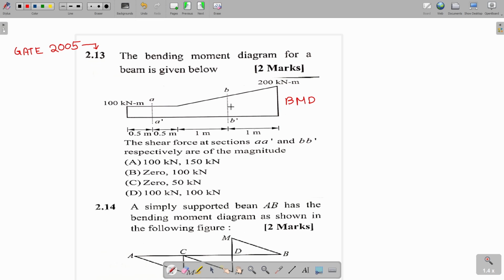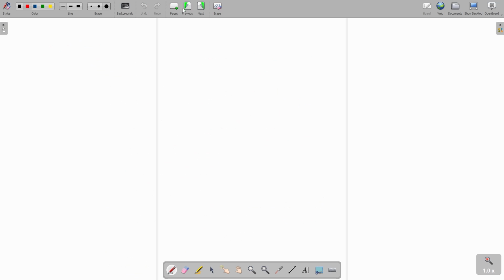Now, we need to remember certain few short tricks, or should I say certain derivative formulas, which will help us in getting this answer. Now, quickly into that, this is question number 2.13. We are going to write like this.